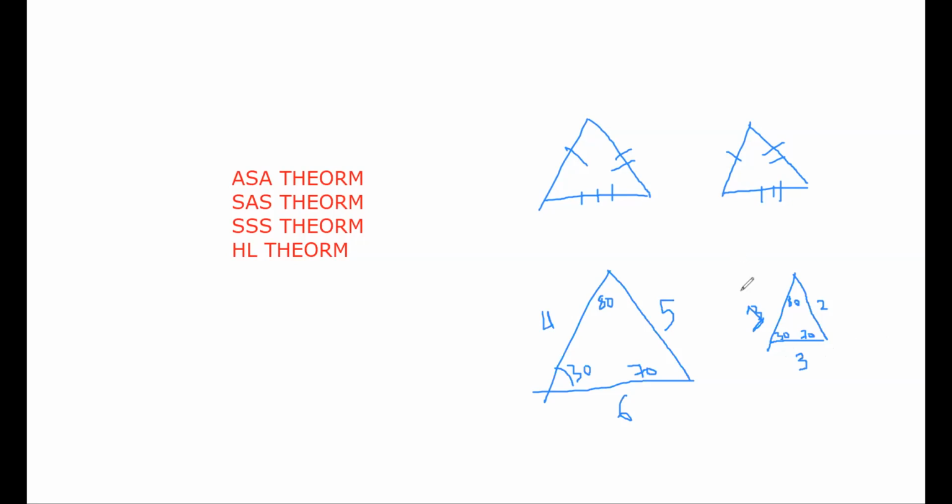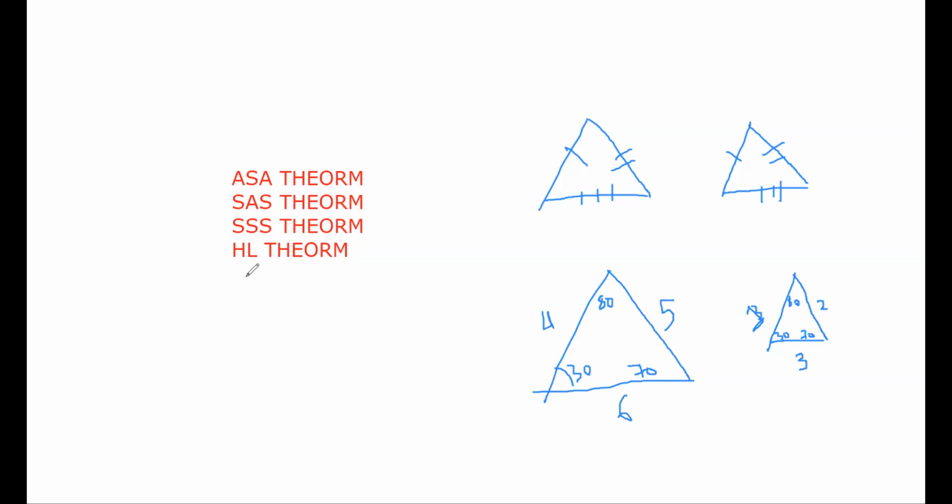But when only the angles are equal and the sides are different, this is called similar triangles. So there is no AAA theorem, because the angles might be equal but the sides are not. This happens, girls, when you do dilation, for example. When you have a figure and you increase it by 2 or decrease it by 2, the angles maintain their measure, but the sides will be different.